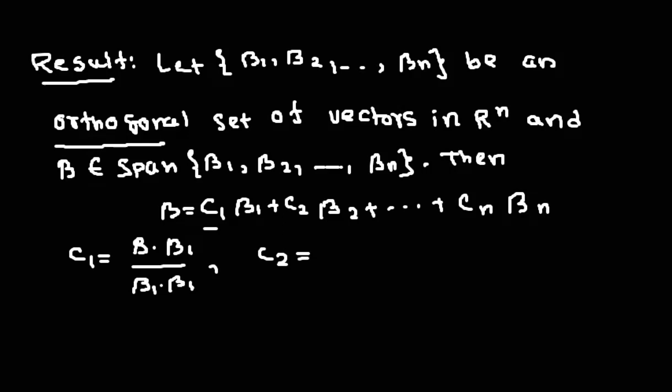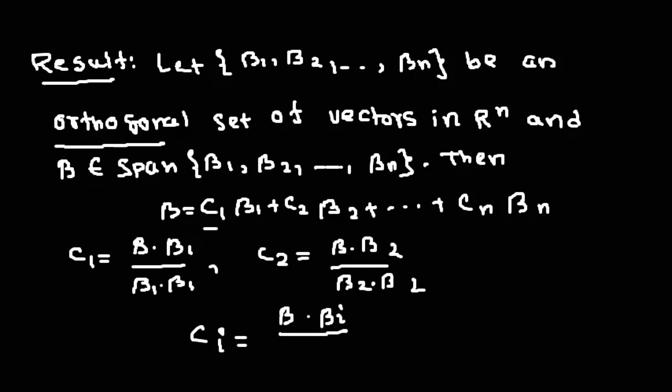So this is going to be beta dot beta 2 by beta 2 dot beta 2. So in this way, any scalar quantity Ci is going to be beta dot beta i by beta i inner product with beta i.